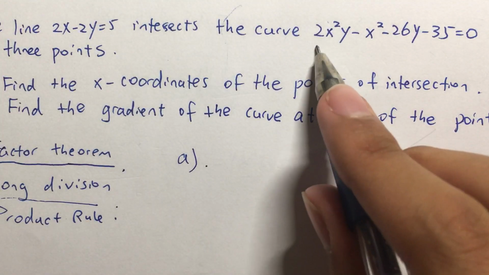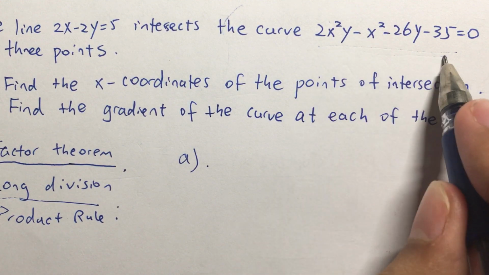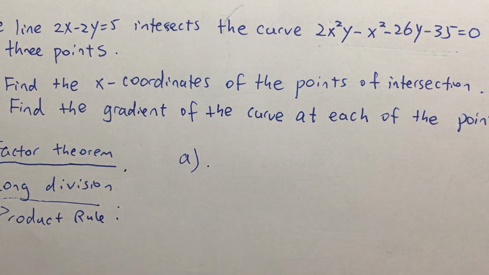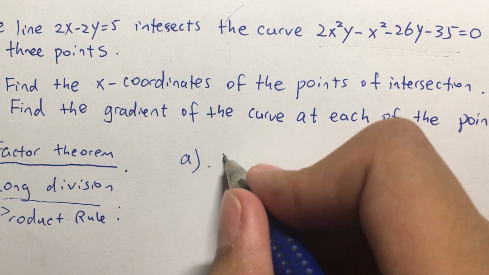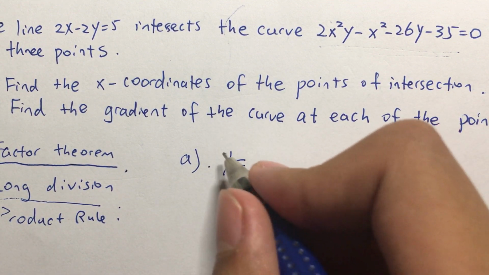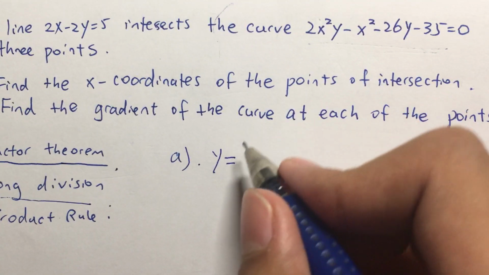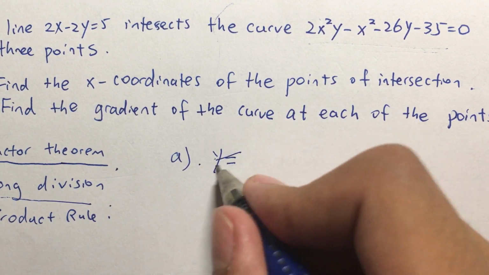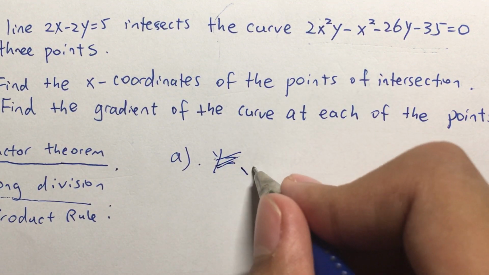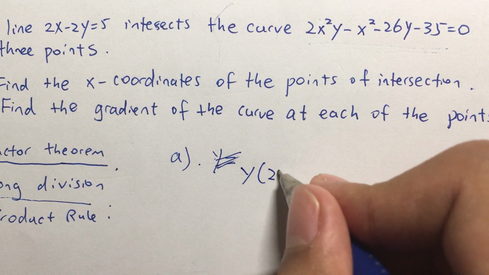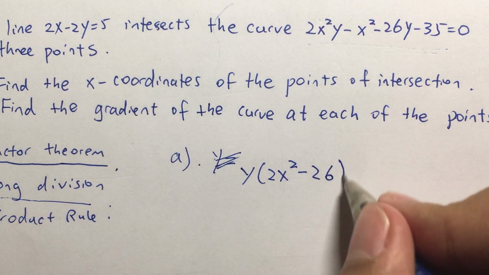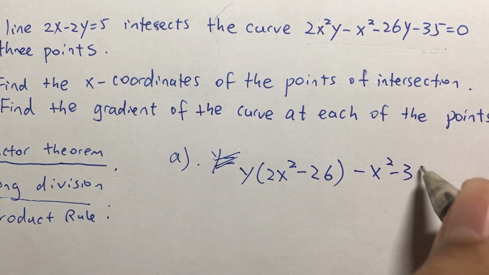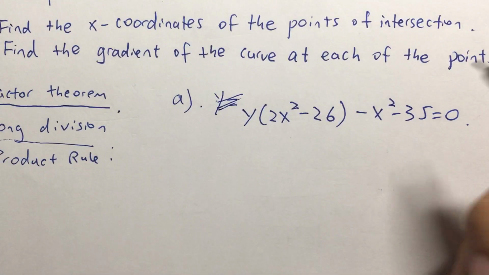Well, this we can't solve straightaway, right? So we need to rearrange this. So how do we rearrange this? We should write it as y equals something. So we can simplify like y times 2x squared minus 26 minus x squared minus 35 equals 0.